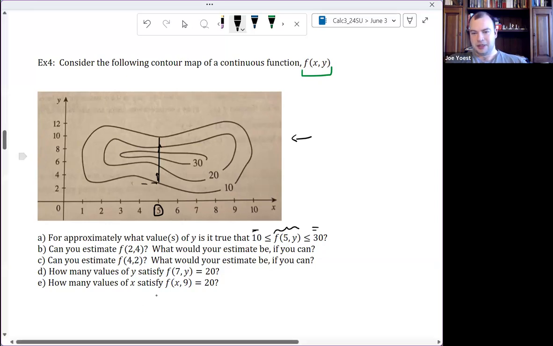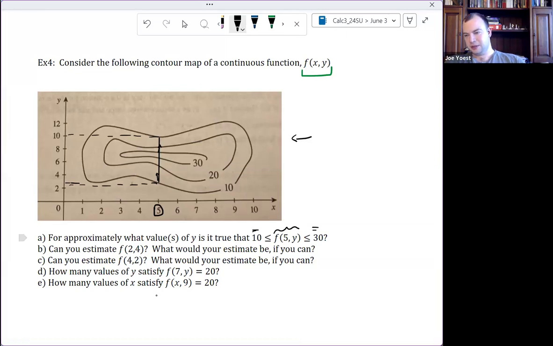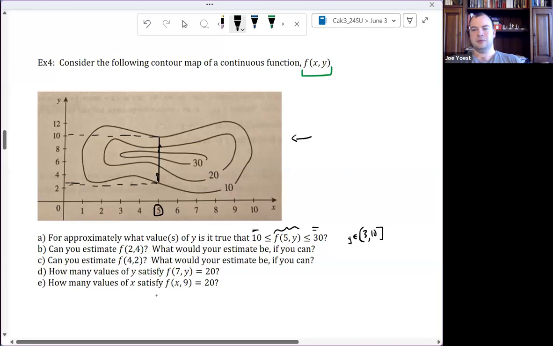Maybe that would be something like y equals 3 and something like y equals 10. I mean, this is a picture, it's not going to be perfect, but something like y between 3 and 10.